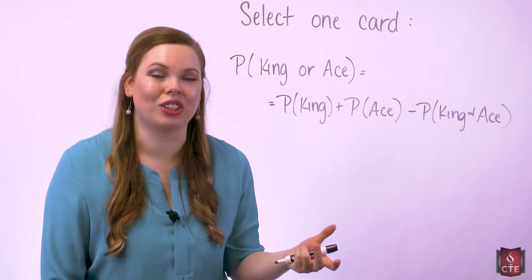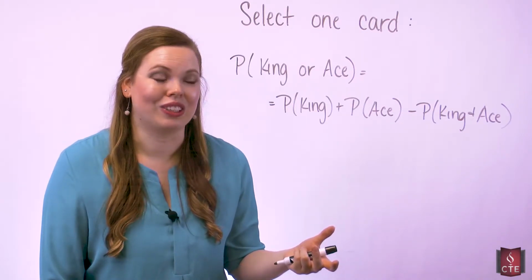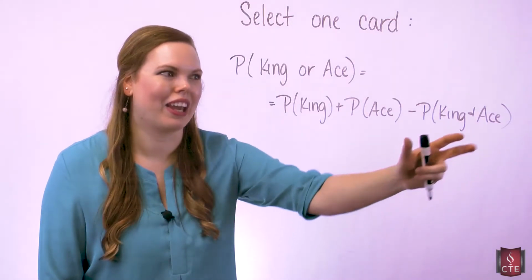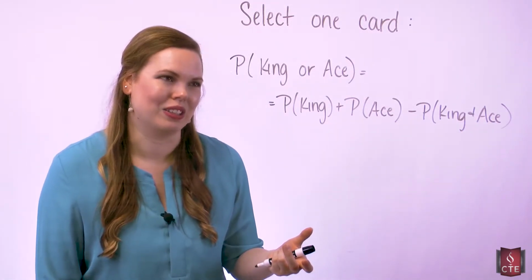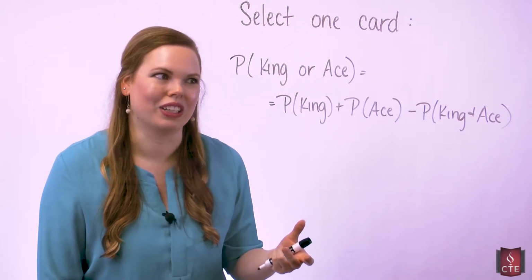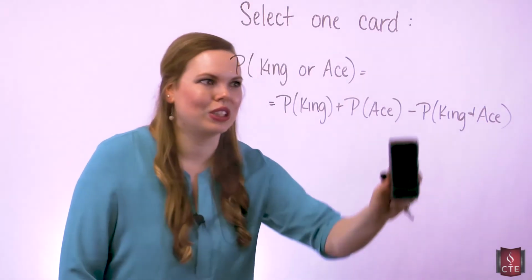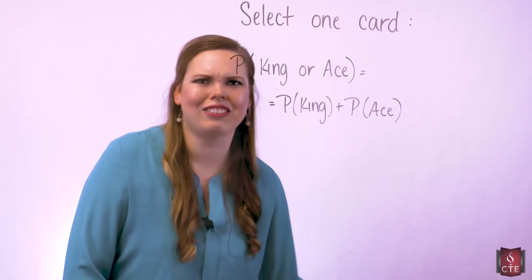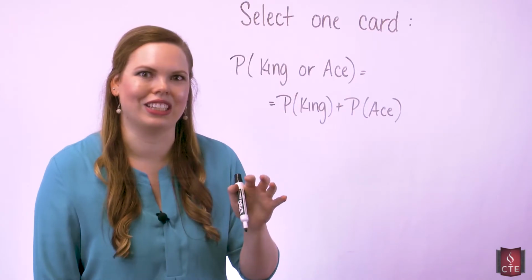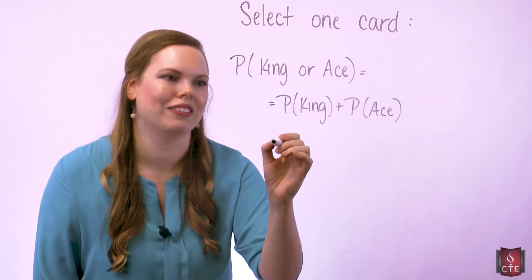So the general addition rule, and that's why it's called the general addition rule, would work here because there is no overlap between the two. The general addition rule always works, but we want to save the mutually exclusive addition rule for when the events are mutually exclusive. It just saves us some time to not have to think of that if we identify the fact that they are mutually exclusive.